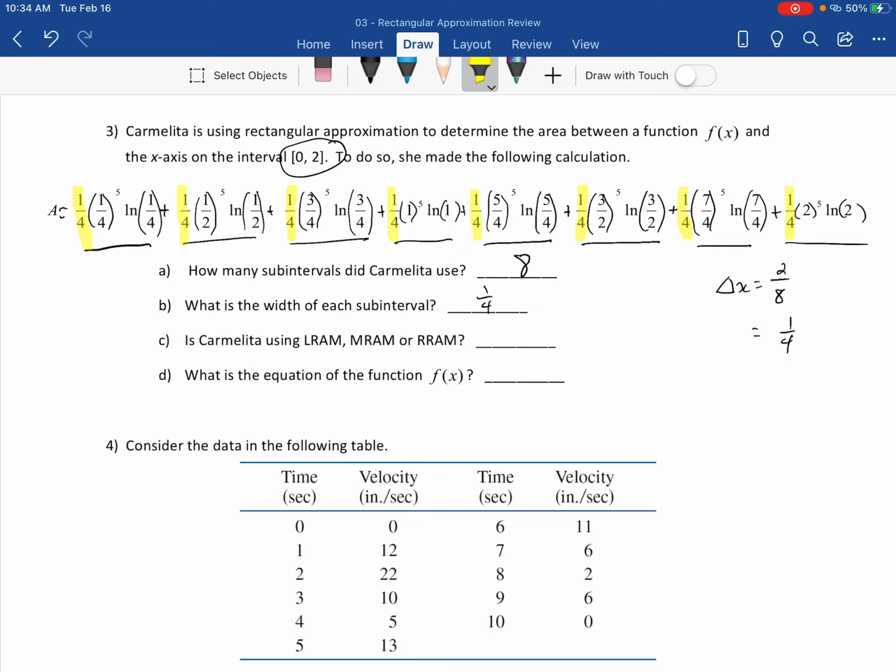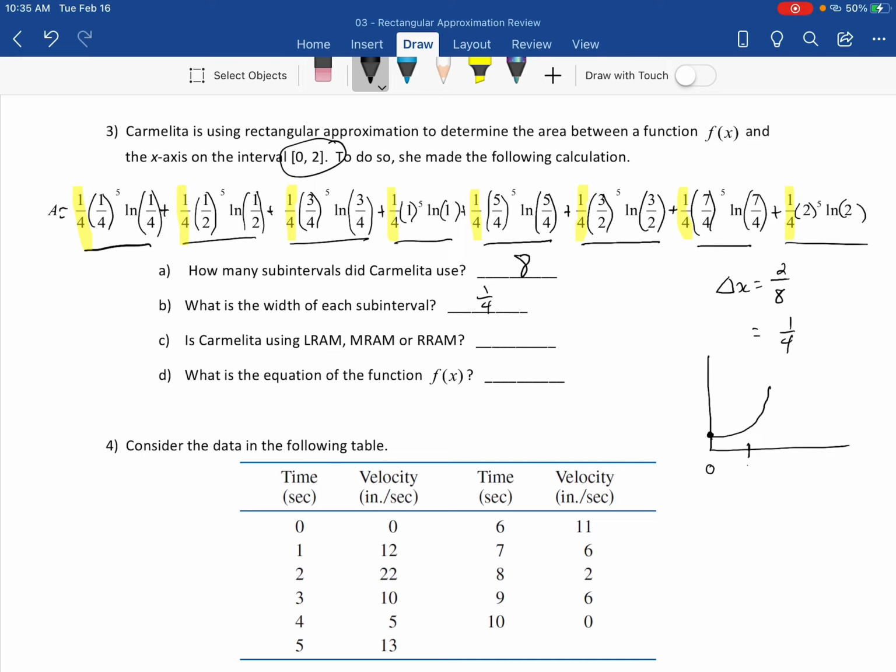Now, is Carmelita using LRAM, MRAM, or RRAM? Well, let's just talk about the very first rectangle. We'll be able to nail it off the very first. I just want to talk about where that rectangle is evaluated. For instance, if you were using LRAM, you'd use the left side, which would be 0.